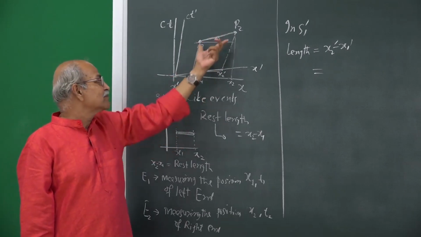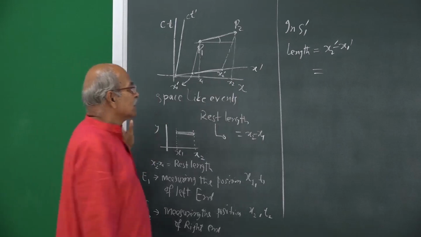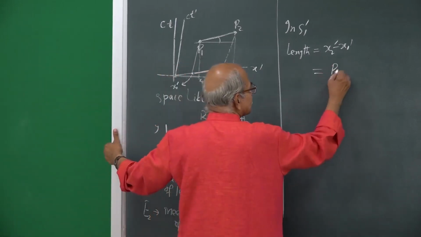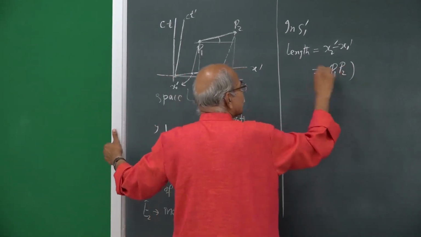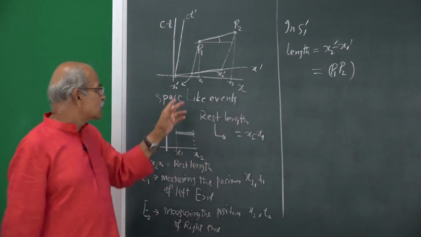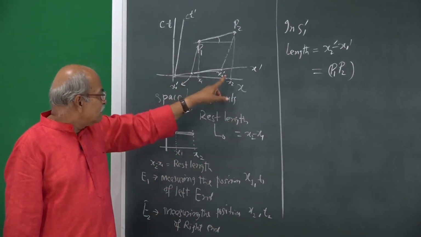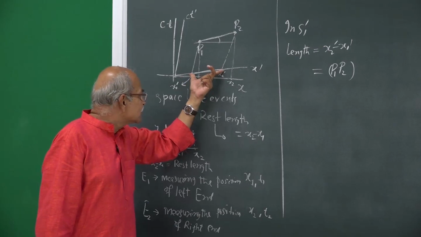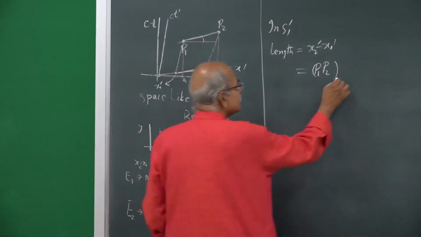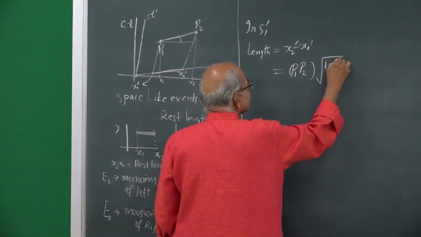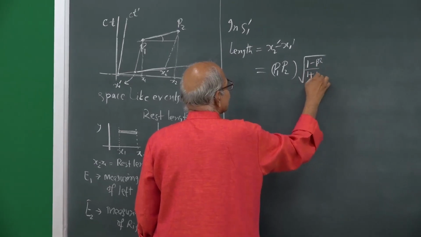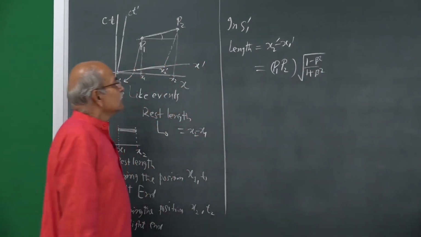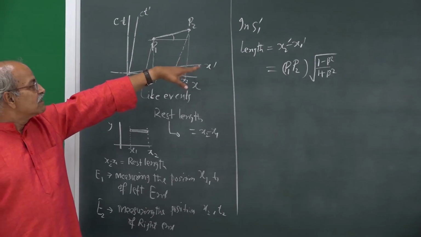This length is the same as p1 p2, it is a parallelogram. But remember, the actual x prime is obtained by measuring this length on this diagram and then multiplying by square root of (1 minus beta square) by (1 plus beta square). So, that is the length measured in S prime.